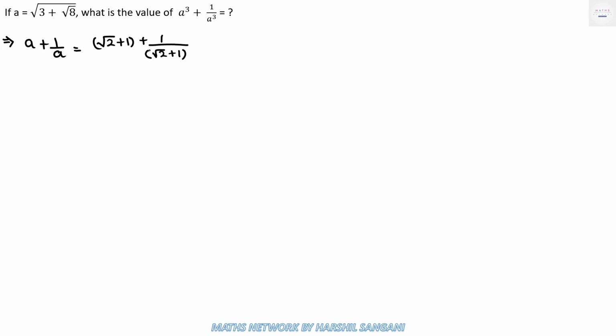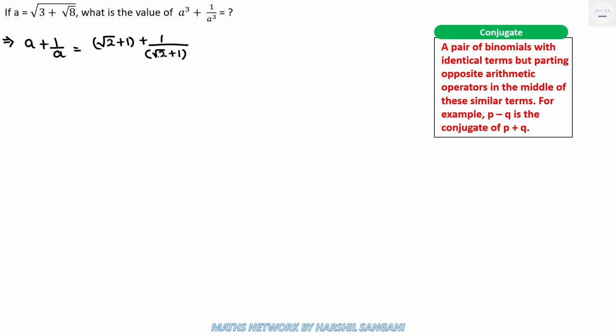Here guys, we see that the denominator is an irrational number, so we have to rationalize it by multiplying the numerator and the denominator by the conjugate of the denominator. Guys, a conjugate is a pair of binomials with identical terms but opposite arithmetic operators in the middle of these similar terms. For example, p minus q is the conjugate of p plus q.